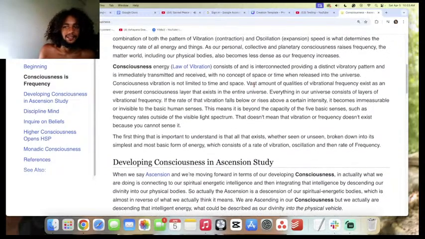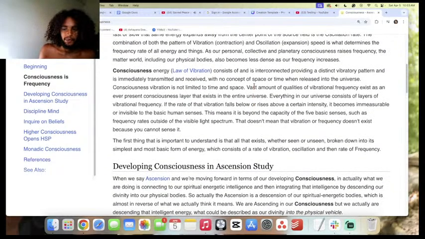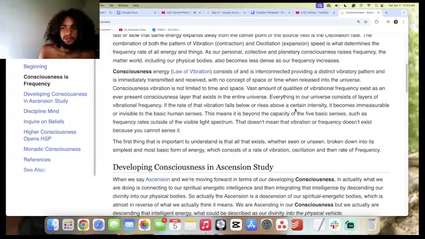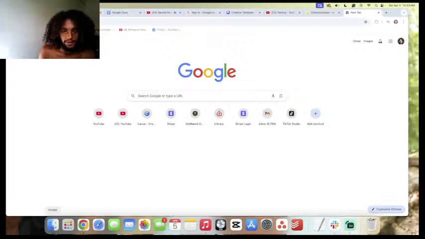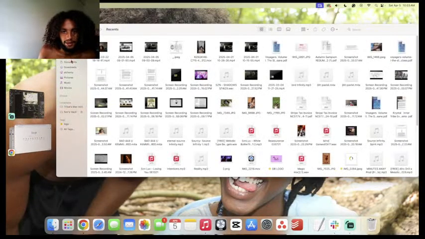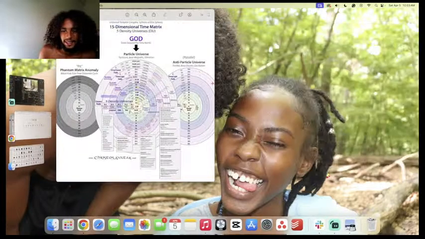But once you can see the universal structure, right? The 15 dimensional universal structure, and you understand. Hold on, I want to show y'all the 15 dimensional universal structure right quick. I remember taking some of those pictures actually. Where is it? Okay, here it is. See, I got the receipts.